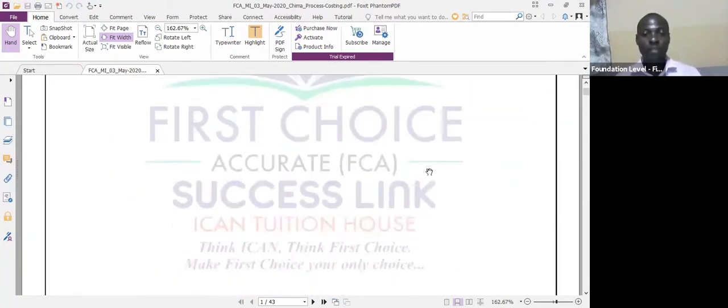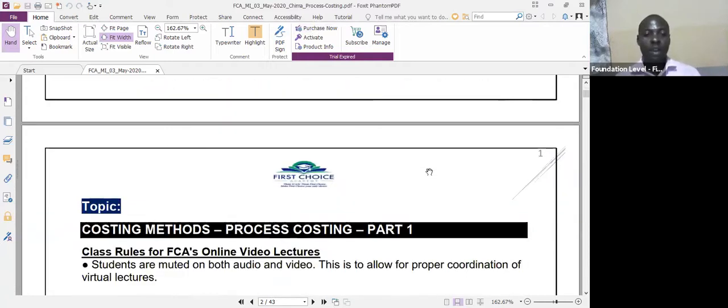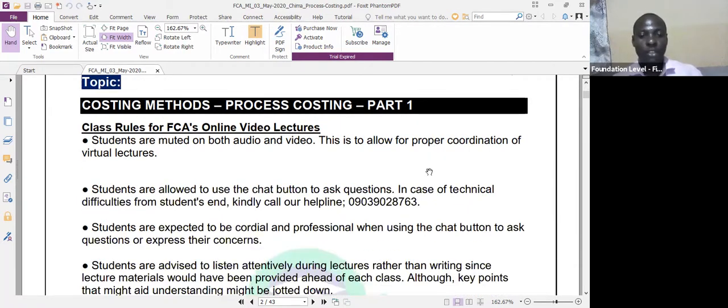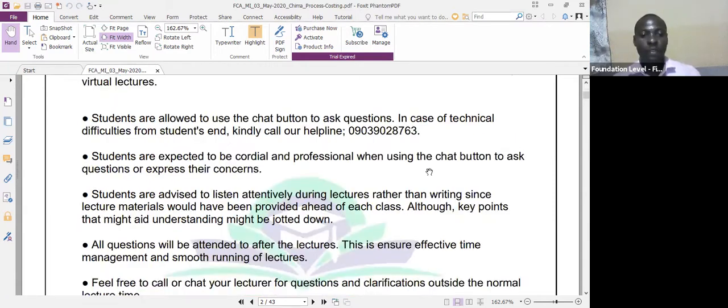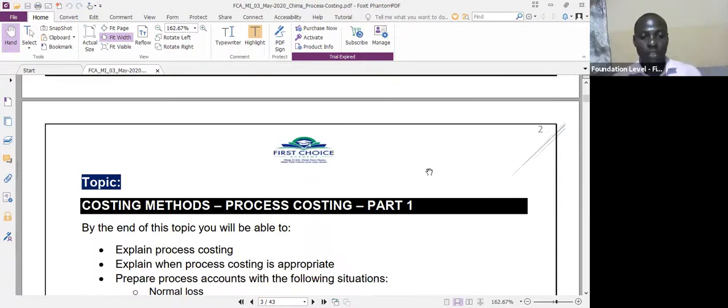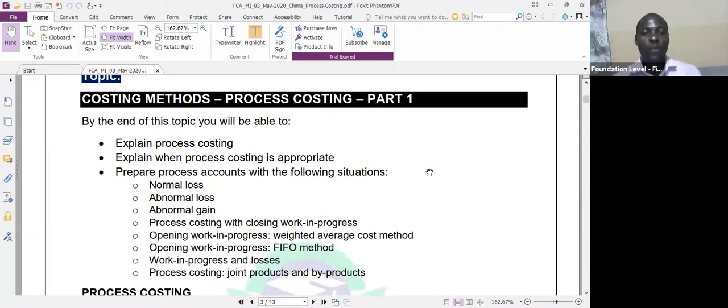We are going to be taking this topic, costing method, process cost. So process costing is our focus for today. What are we going to learn about in process costing? We are going to explain what process costing is.